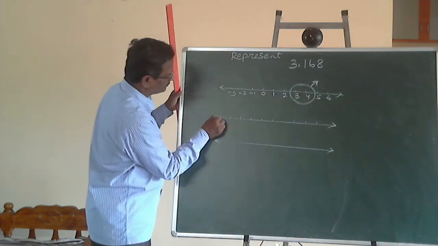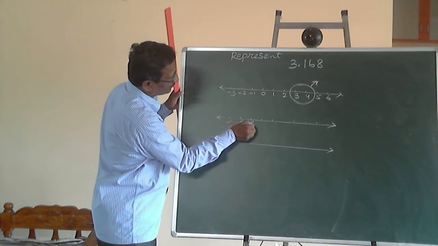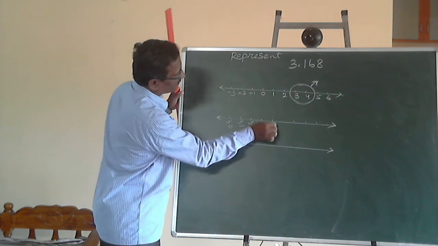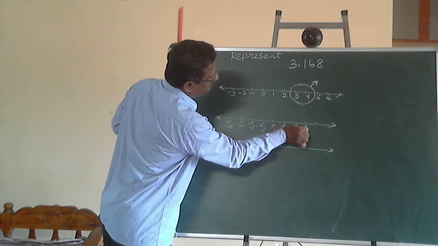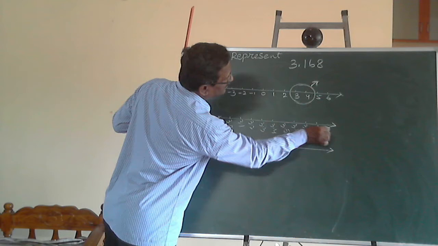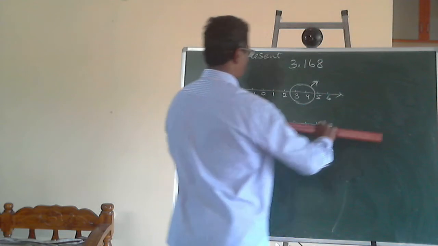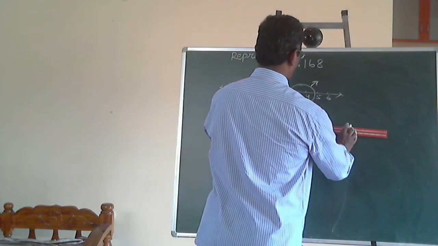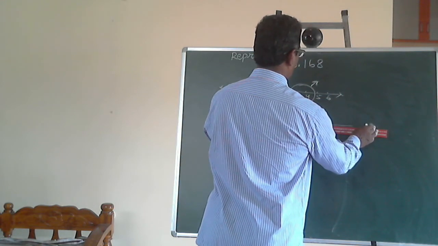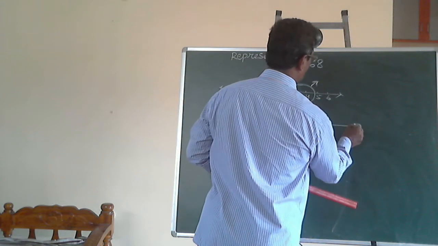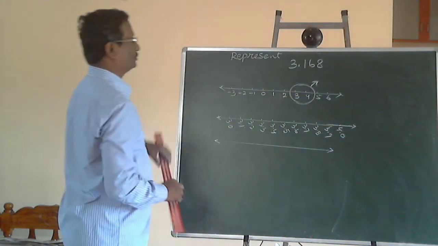Say 3.0, 3.1, 3.2, 3.3, 3.4, 3.5, 3.6, 3.7, 3.8, 3.9, 4.0. 3 or 3.0, one and the same.